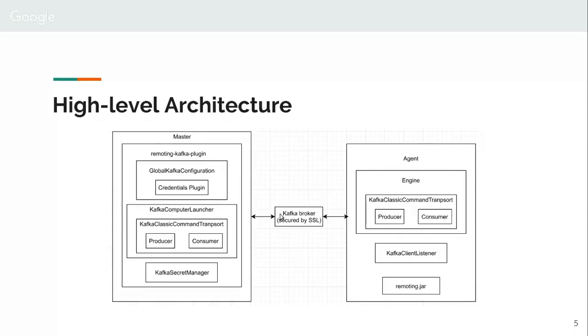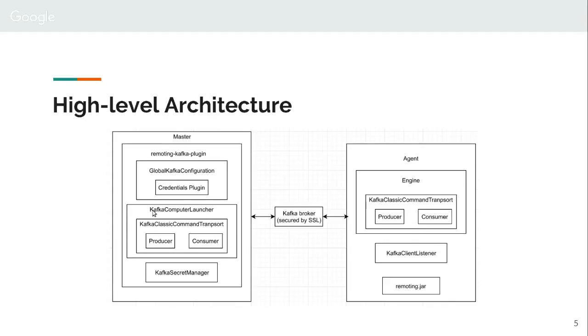But with the plugin, all the commands are done through Kafka, and we support encryption by SSL. From the master side, we have the plugin with the configuration where you can set the host and port of Kafka. We also added support for the credentials plugin, where the user can store the secret to connect to Kafka.